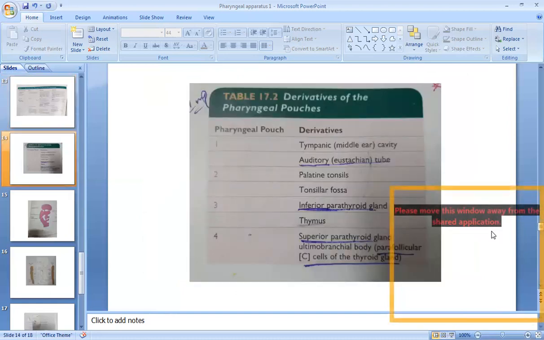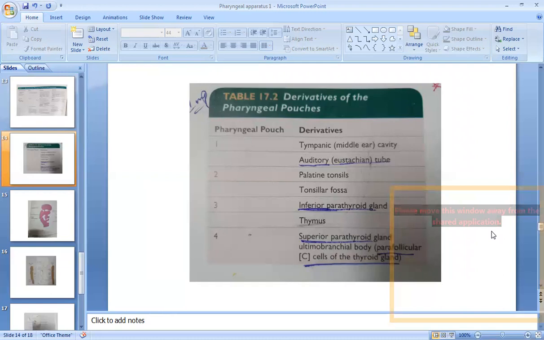Simply at a glance, these are the derivatives of the pharyngeal pouches. I told you that the pouch derivatives are the tympanic cavity, medullary cavity, and the eustachian tube from the first pharyngeal pouch. The palatine tonsil and tonsillar fossa from the second pharyngeal pouch.